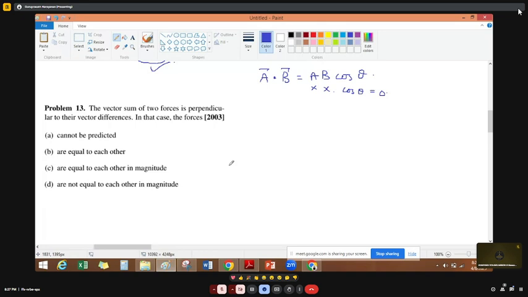The vector sum of two forces is perpendicular to their vector differences. In that case, the forces, any guesses? In these kind of problems, I would recommend you to do some simple guesswork. Okay, this is A vector, this is B vector.